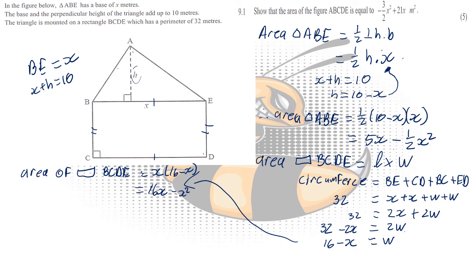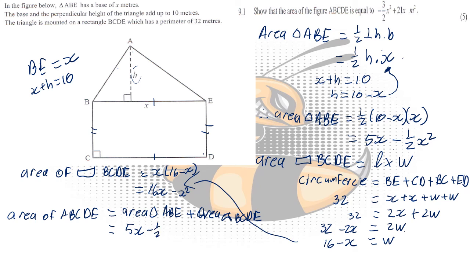And from there, we can now say, therefore, the area of ABCDE is just equal to the area of the triangle ABE plus the area of rectangle BCDE, which then gives me 5x minus half x squared plus 16x minus x squared.